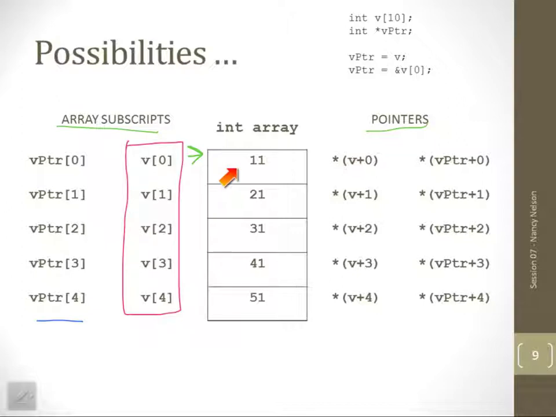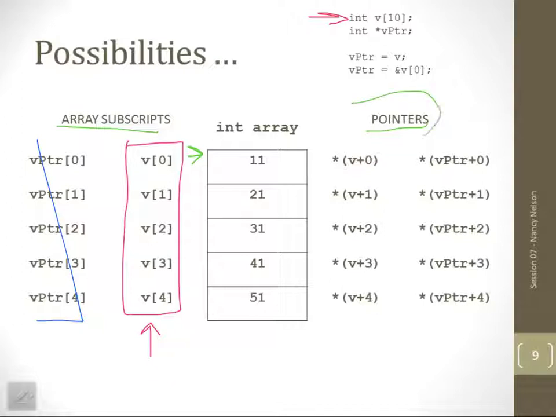That's something that is possible, but let's mark that as a don't go there. If we're going to use arrays and declare them like this, let's use standard array notation to access the elements.